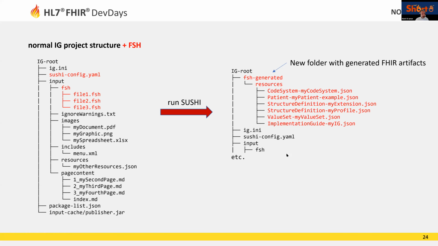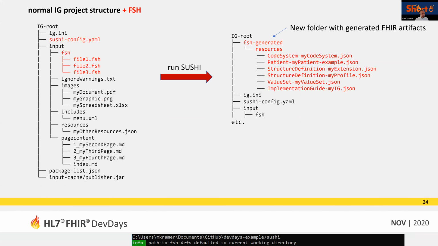We put it together for you. And there's an override, in fact, if you want to bring your own, you may do that. The other thing is you can bring your own resources that are not FSH resources if you'd like. SUSHI knows what to do with them. The publisher knows what to do with them. So you can mix and match some FSH and some other, maybe you did it with Spreadsheets, maybe you did it with Forge. That's perfectly okay.